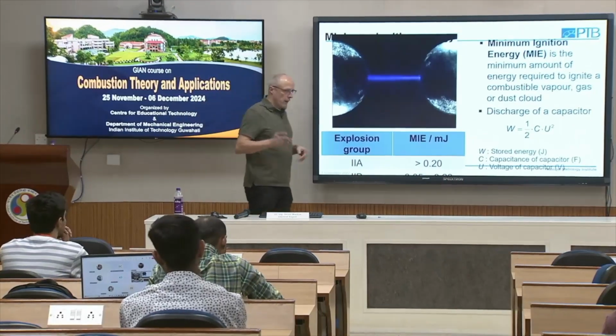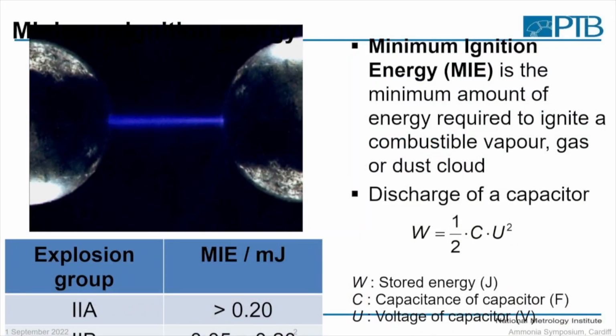But of course, the energy value you can find in literature is always based on the energy stored in a capacitor. So it's the breakthrough voltage squared times 0.5 times the capacitance of the capacitor.